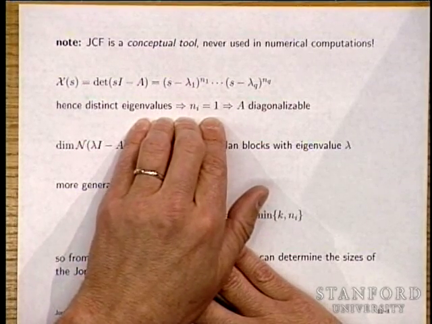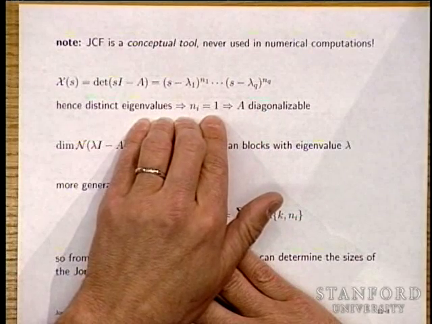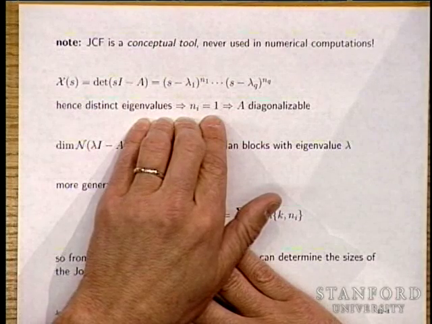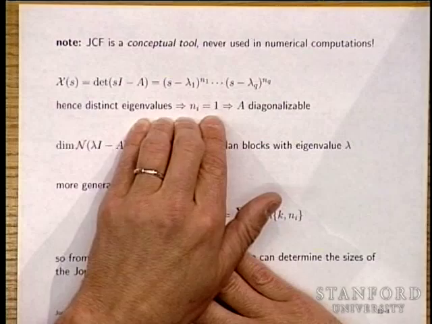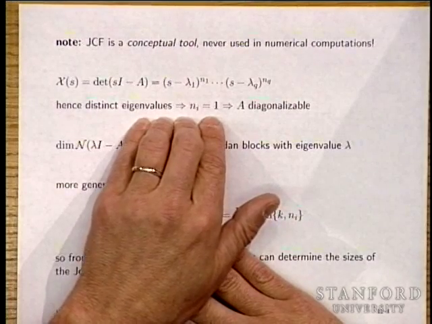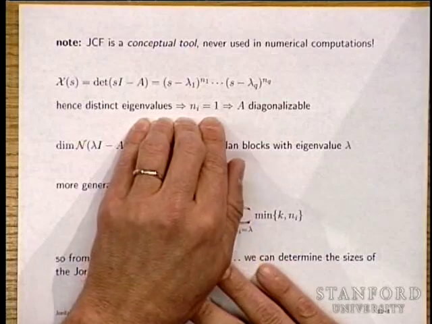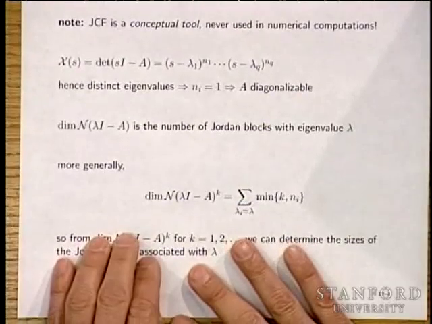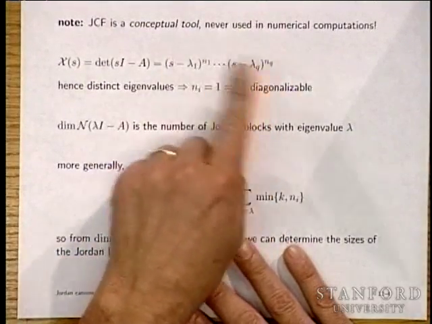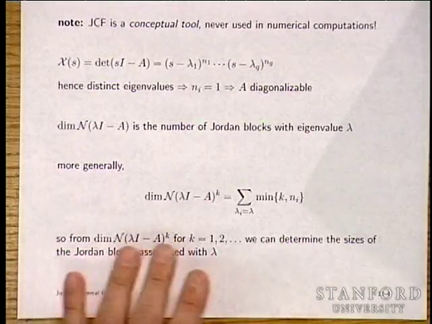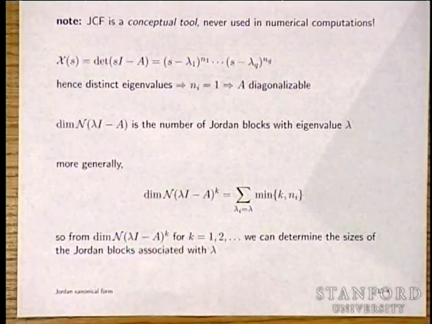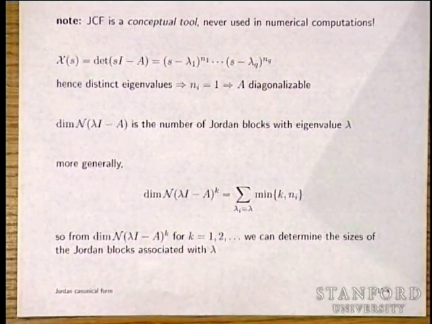Then it says immediately that if a matrix is diagonalizable, its Jordan form can only have block sizes one by one. To say that a Jordan form has block sizes 1 by 1 says it's diagonalizable. That's basically what it says. Now, when you see repeated eigenvalues, it means maybe you have a non-trivial Jordan form.